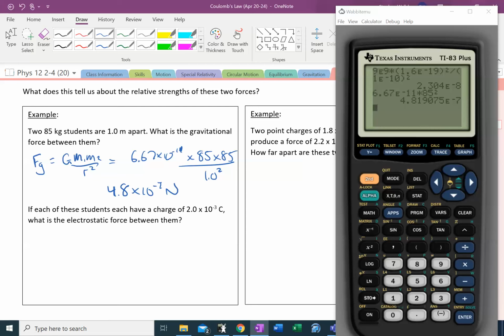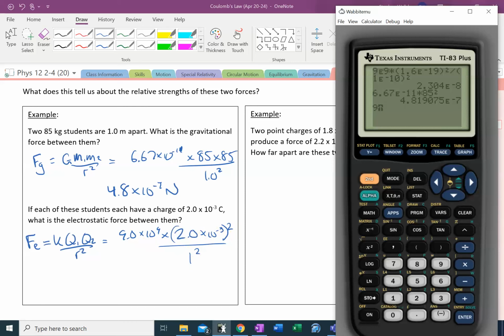If we each have a charge of 2 millicoulombs, so this is kind of giving you an idea of how much a millicoulomb is. So let's take a look here. Each of these students has a charge of 2 millicoulombs. What's the electrostatic force? Well, we know our formula is K Q1 Q2 over R squared, and this is going to be 9.0 times 10 to the 9 multiplied by 2.0 times 10 to the minus 3, I'm just going to say squared, they both have that, so times itself, and divided by 1 squared again.